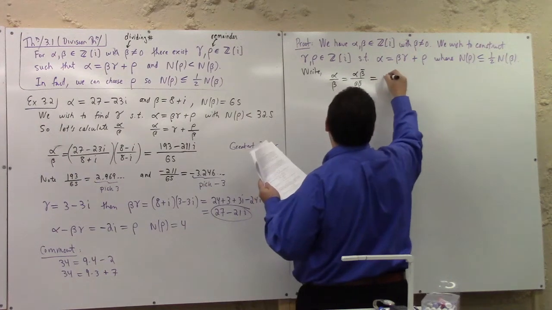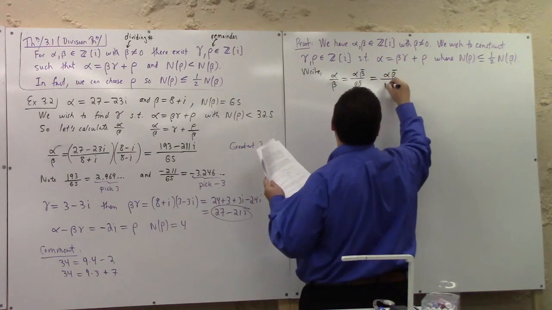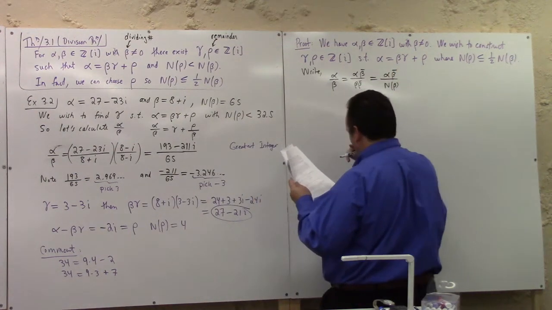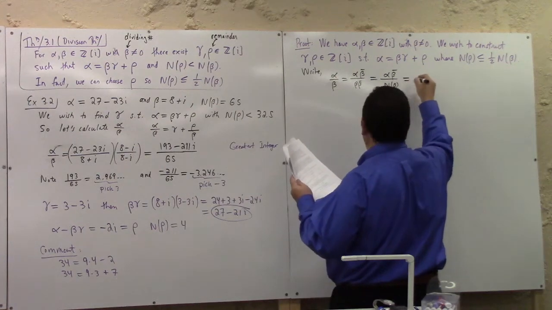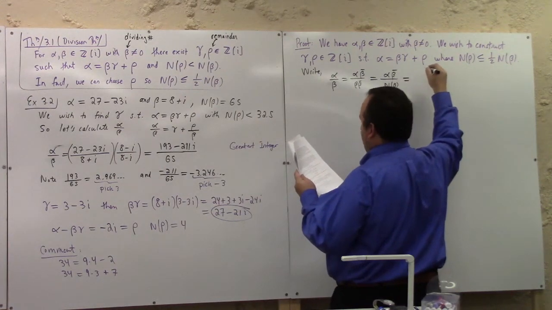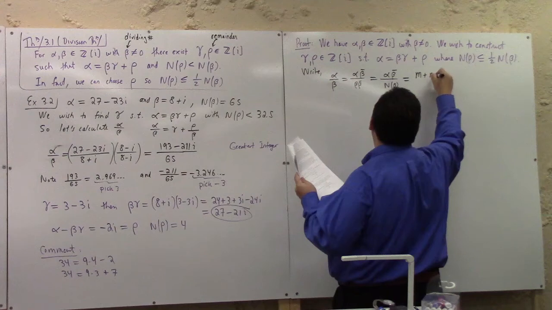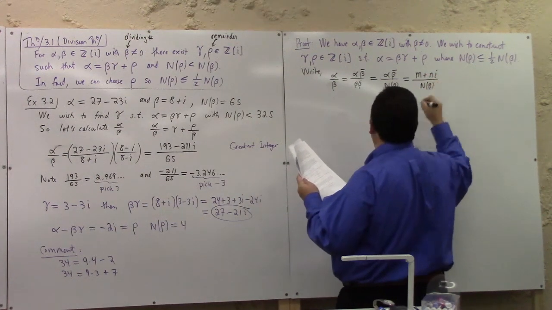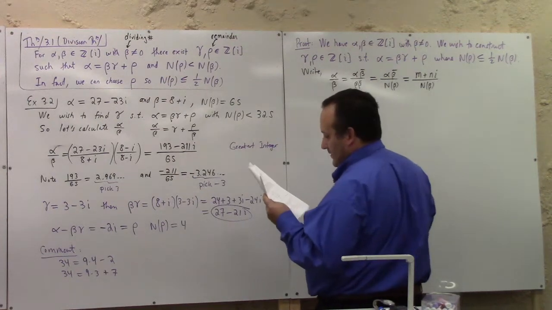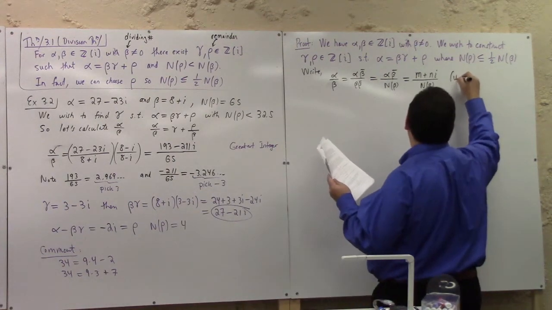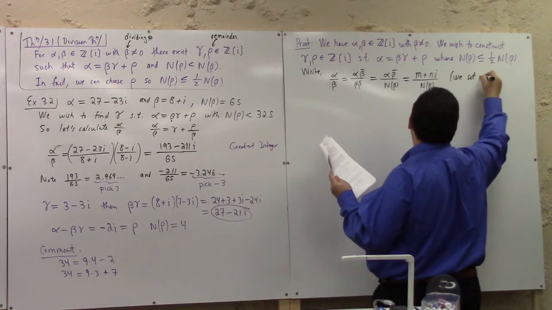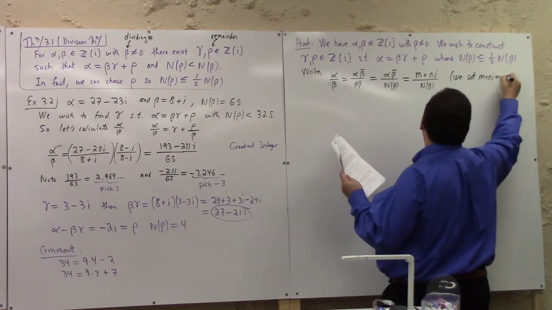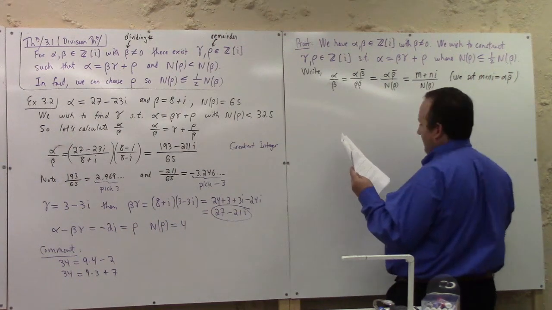Which is equal to alpha beta bar over the norm of beta. And we're going to call that m plus ni over the norm of beta. All right? So we set m plus ni equal to alpha beta bar.